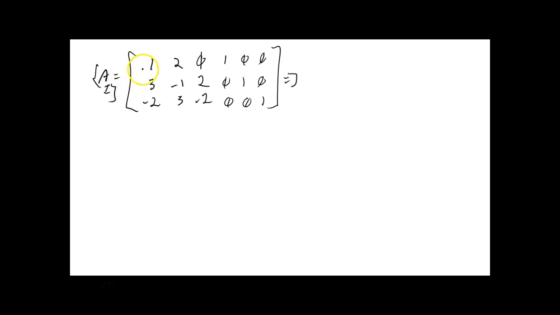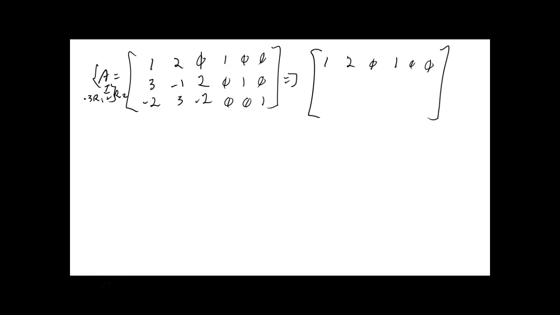So -3 times row 1 plus row 2 will produce a 0 where that 3 is now. Should anyway. So let's proceed. We're using row 1, so we write it down. 1, 2, 0, 1, 0, 0.